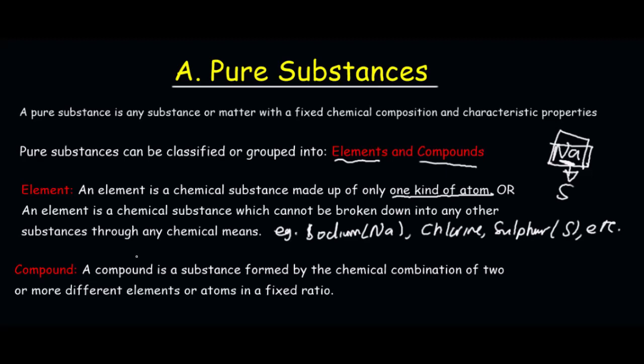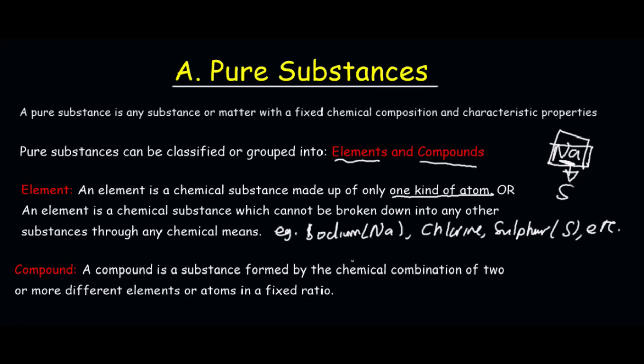So a compound is a chemical substance formed by the chemical combination of two or more different elements or atoms in a fixed ratio. In a compound, the chemical combination doesn't just happen anyhow. It happens in a fixed ratio.